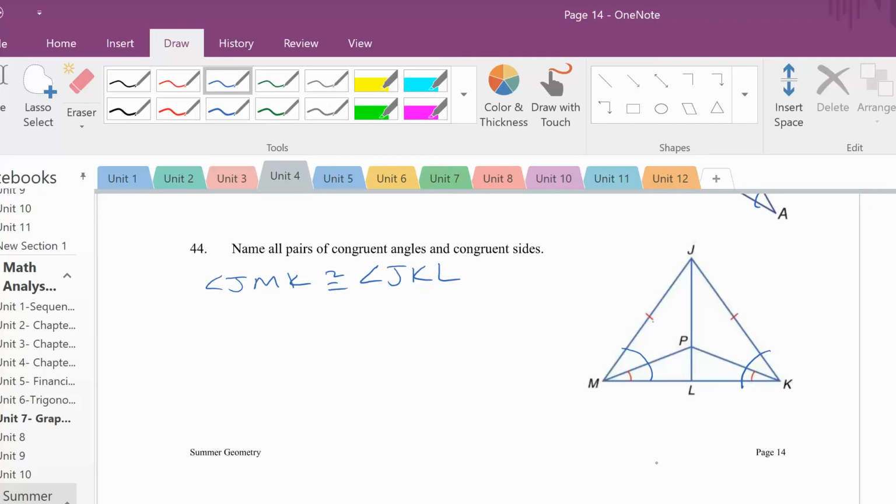We can also say that because these angles are congruent, PM is congruent to PK. So that's what we could say because of the isosceles triangle theorem. There's other things that we could eventually prove, but those are the two things that happen.